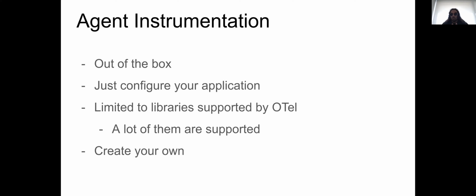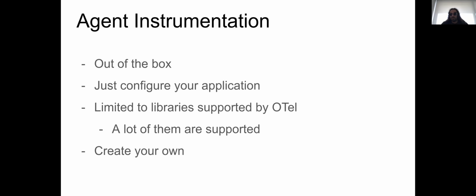Now, one of the things OpenTelemetry gives you is what they call agent instrumentation. It's completely out of the box. You can just configure your application with the agent, and they already provide limited support for the most popular libraries out there.